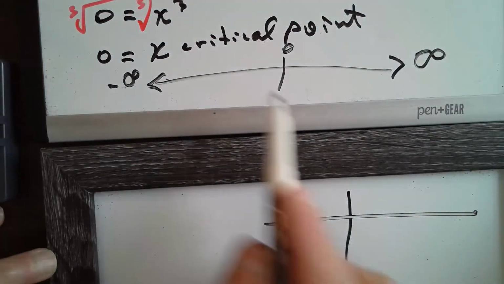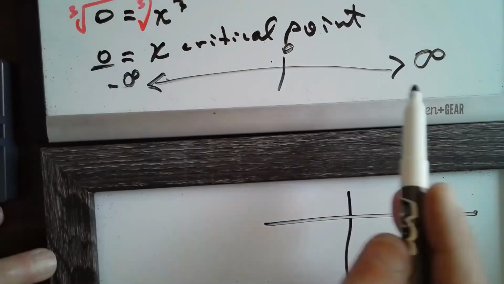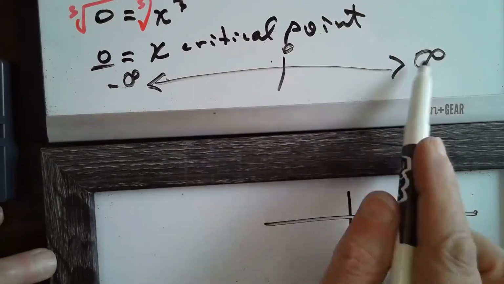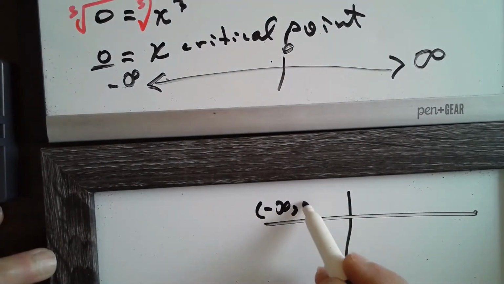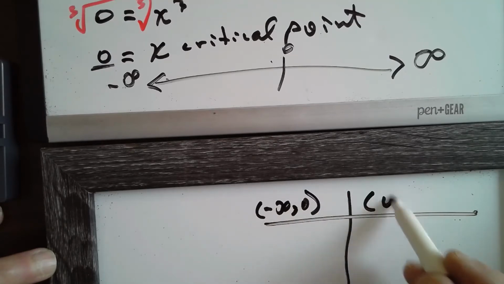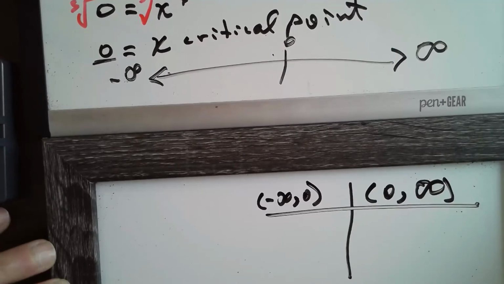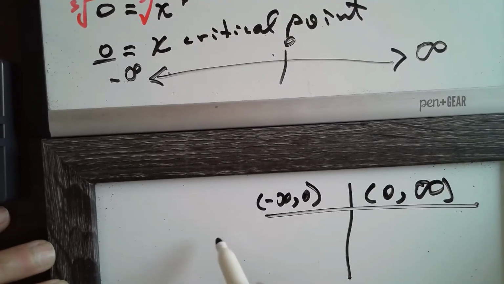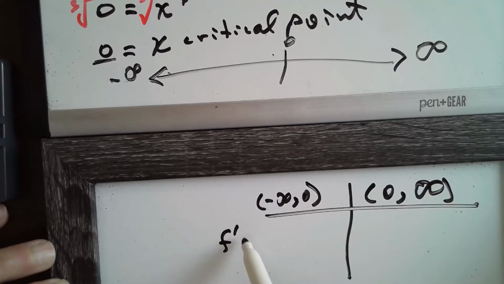So we're looking at from negative infinity to 0, since that's our critical point, and 0 to positive infinity. And we need to determine if our derivative is positive or negative; we use a test point.